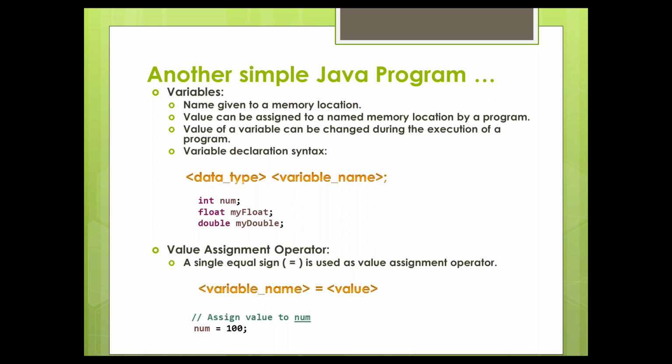So declaration, as you can see, each declaration ends with a semicolon, and each line represents a single statement. Now we will see what a statement is.